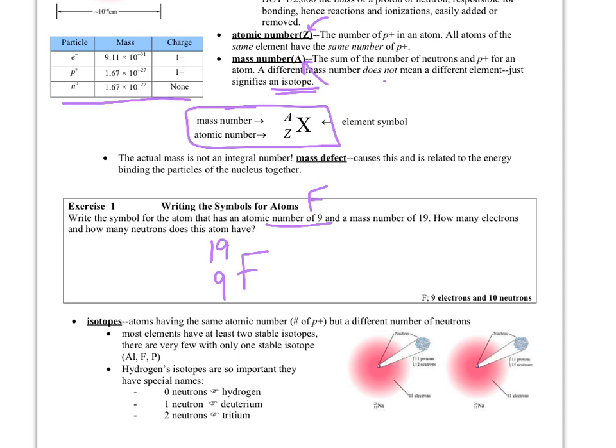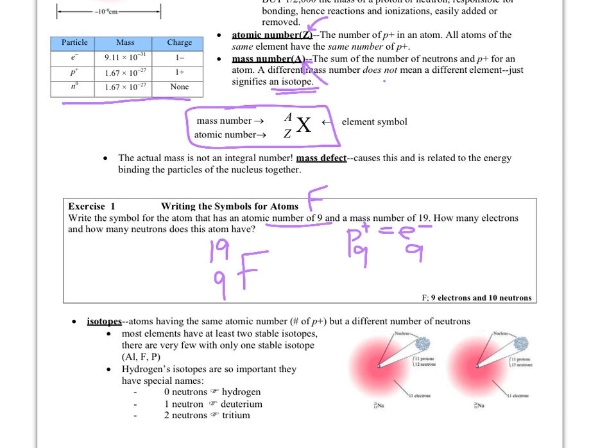So how many electrons and how many neutrons does it have? We know that if the atom is neutral, so it's not an ion, our protons have to equal our number of electrons because the positive and negatives have to balance out. So that's why we would have 9 protons, 9 electrons, and then our number of neutrons.